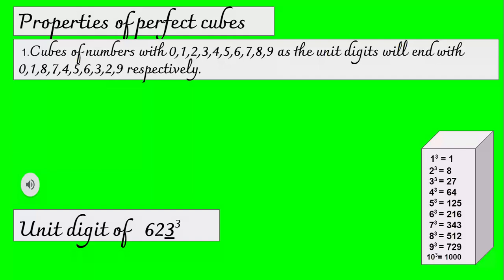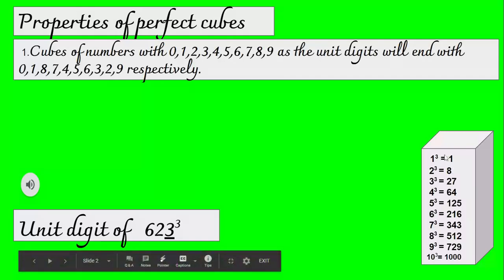So that is why we say that cubes of any number which ends with 0, 1, 2, 3, 4, 5, 6, 7, 8, 9 would end in these numbers respectively, because 10 cube is 1000. So any number ending with 0, its cube will also end with 0.